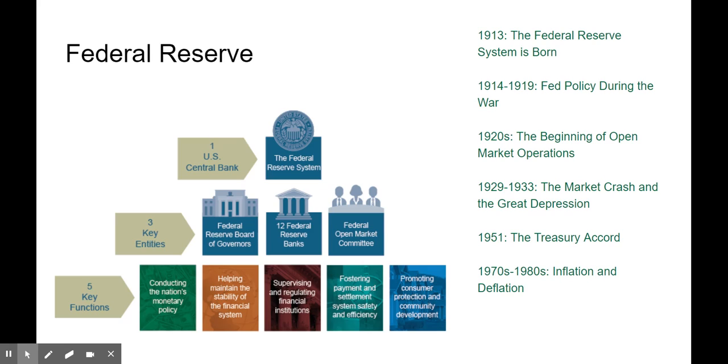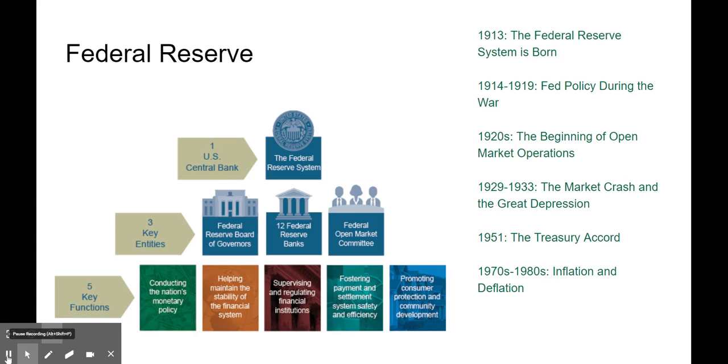And by 1956, the Bank Holding Company Act named the Fed as the regulator of bank holding companies, so companies that own banks, especially if they own more than one bank. And the 1978 Humphrey-Hawkins Act required the Fed chairman to report to Congress twice annually on monetary policy goals and objectives.